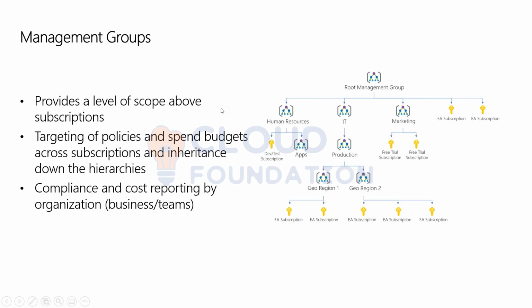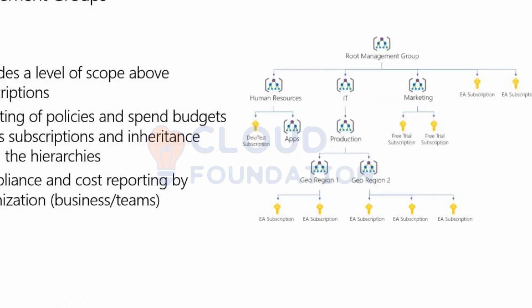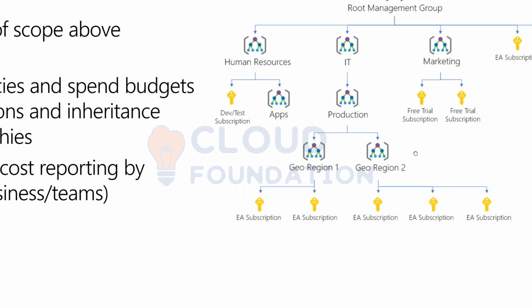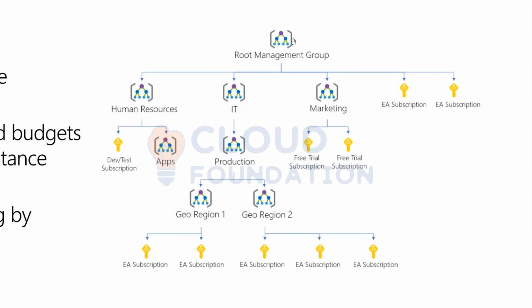The policies that we saw and the access management that we discussed on the most basic unit can exist on the management group as well. If you see the diagram on your right hand side, the topmost entity is the root management group. Within that, you will have your sub management groups, such as human resources, apps, production, and even geographical ones.